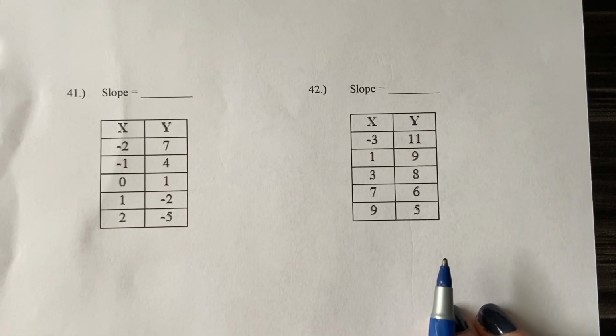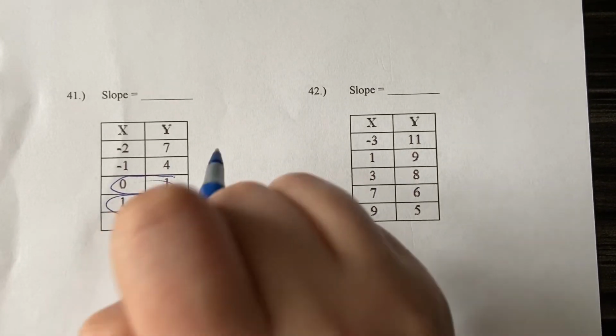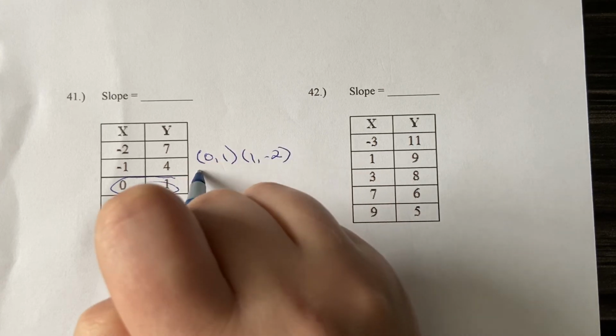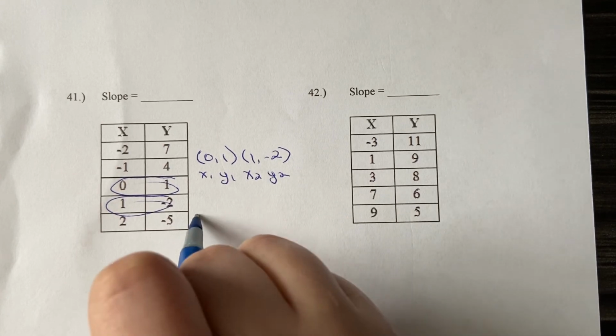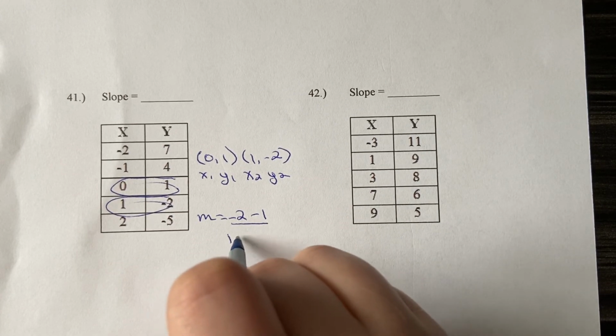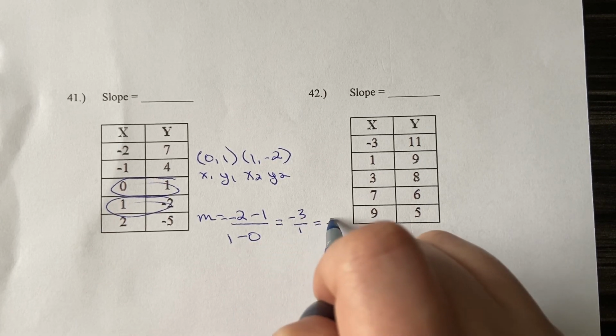Okay, last 2. I would probably pick 0, 1 and 1, negative 2. This is my x1, y1, x2, y2. So I would have negative 2 minus 1 all over 1 minus 0, which is a negative 3 over 1 or negative 3.